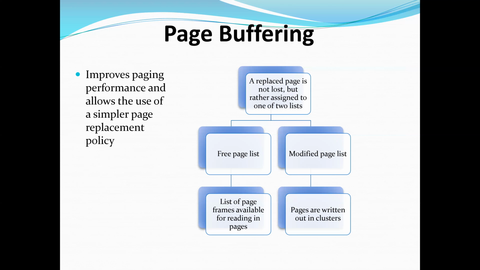So if the process references that page, it is returned to the resident set of that process at little cost. In effect, the free and modified page lists act as a cache of pages since they are in memory. The modified page list serves another useful function: the modified pages are written out in clusters rather than one at a time.